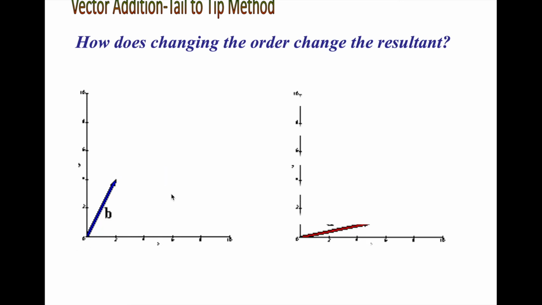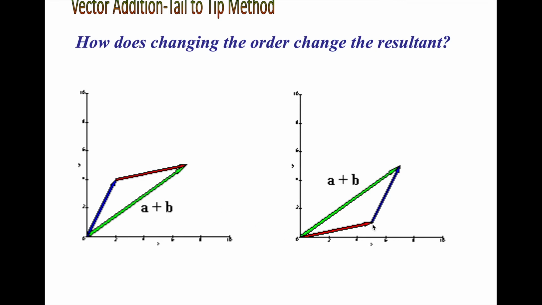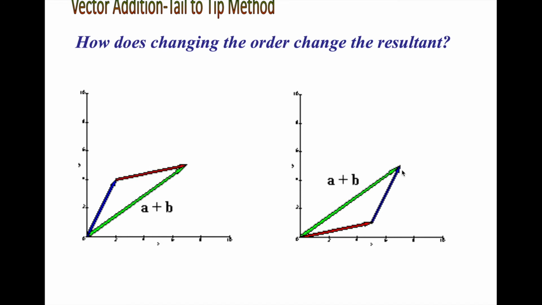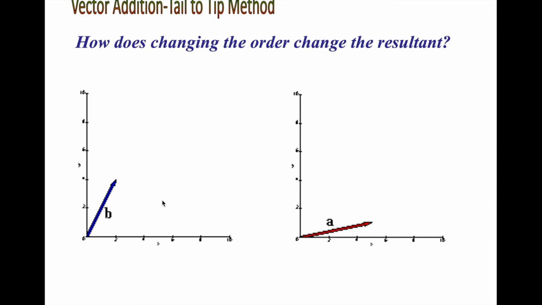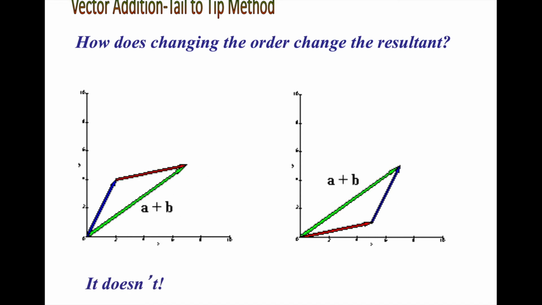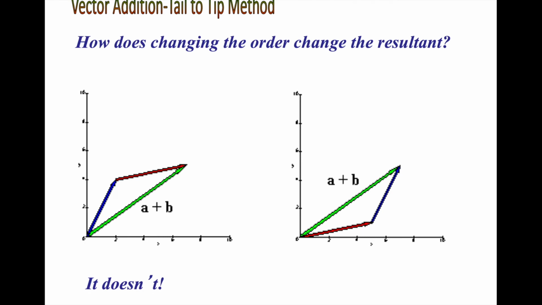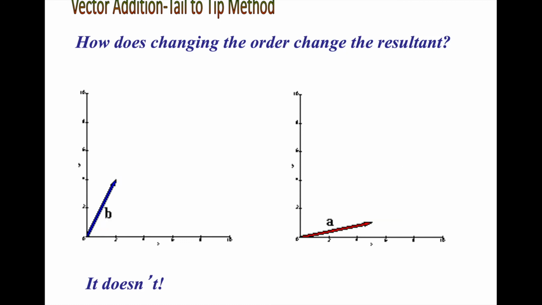What if we start off with A first followed by B? Again, we start with A first and then followed by B. They both give the same resultant. Therefore, it doesn't matter if we change the order of addition, because A plus B is equal to B plus A in vectors, just like in the common mathematical operation.